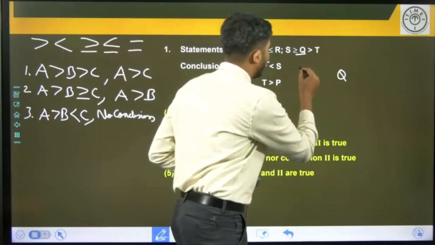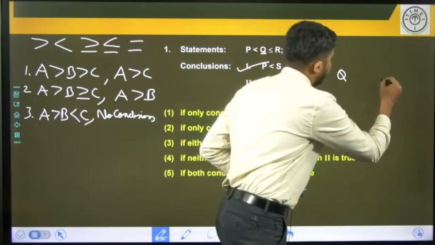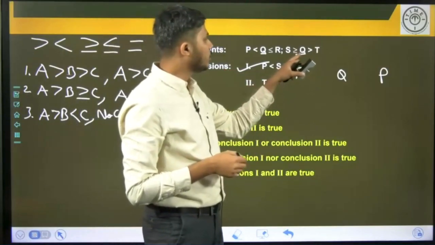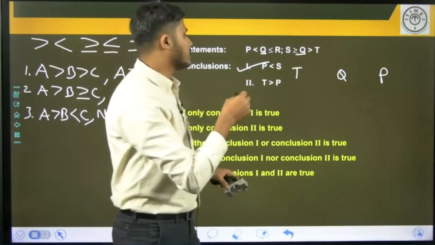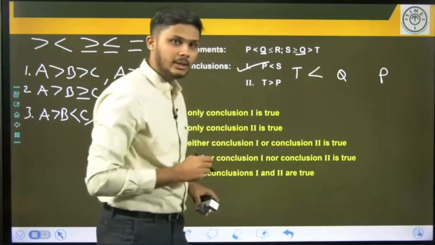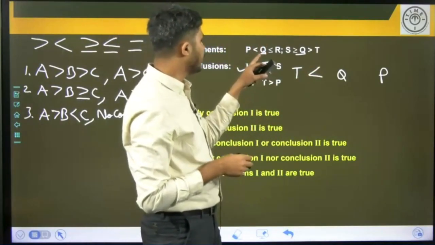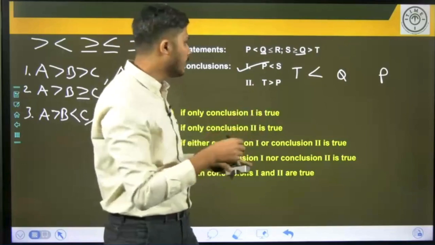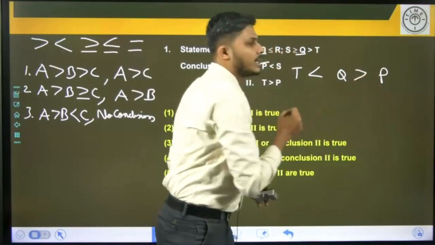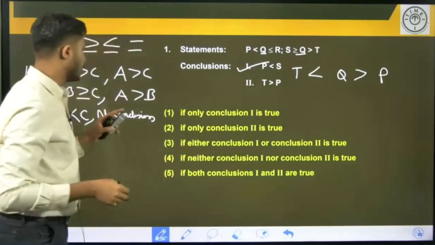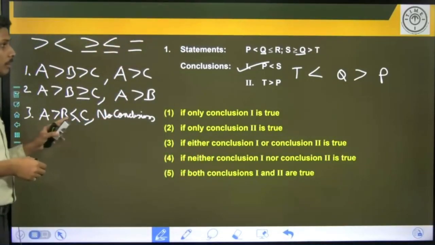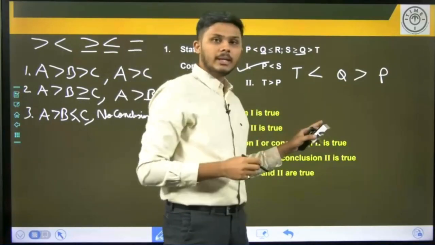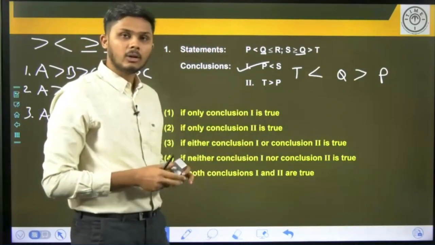The relation between T and Q is Q greater than T, which is the same as T less than Q, and the relation between Q and P from the first statement is P less than Q, which is the same as Q greater than P. As seen in the third shortcut, since the symbols are opposite, the end result cannot be concluded, hence T greater than P cannot be concluded.